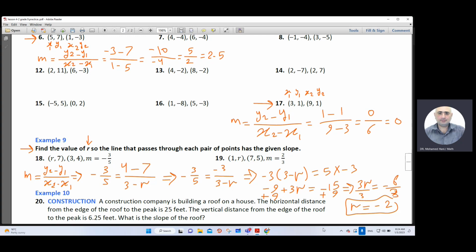That's the way it goes. Yes, 5 times negative 3, and the negative here is for the numerator. So negative 3 multiplied by what? Multiplied by 3 minus r. Okay.